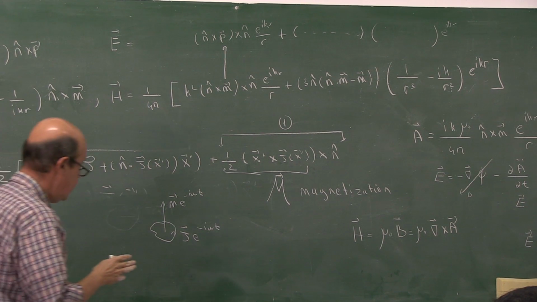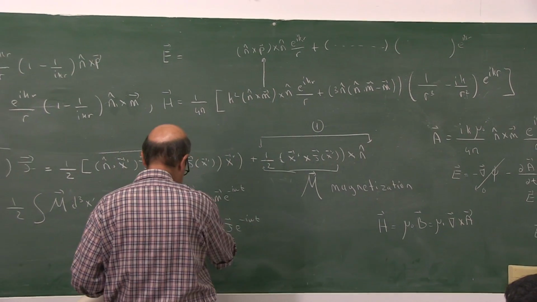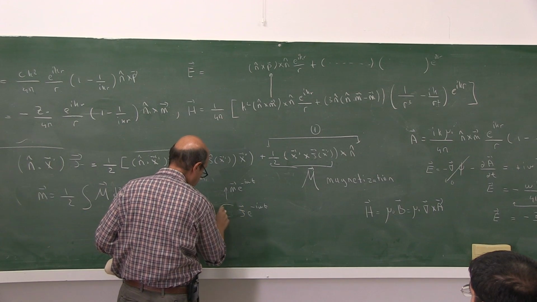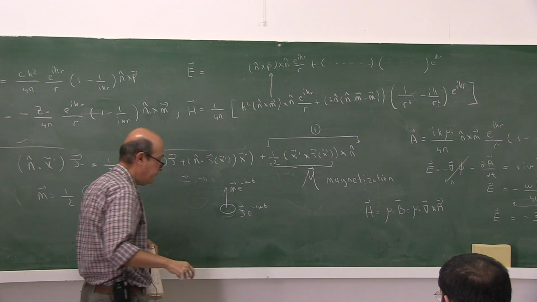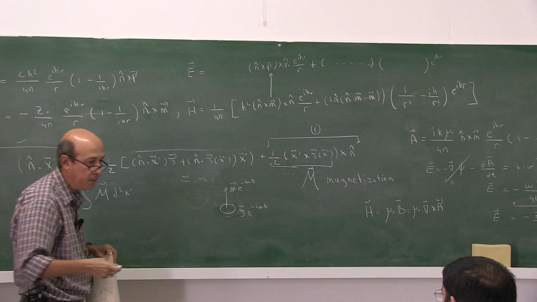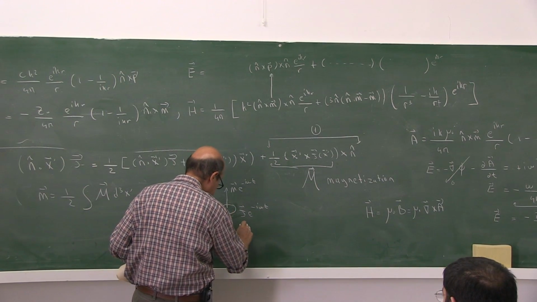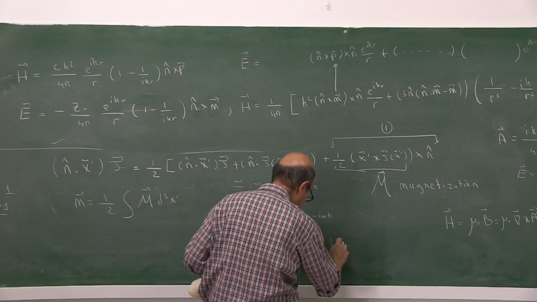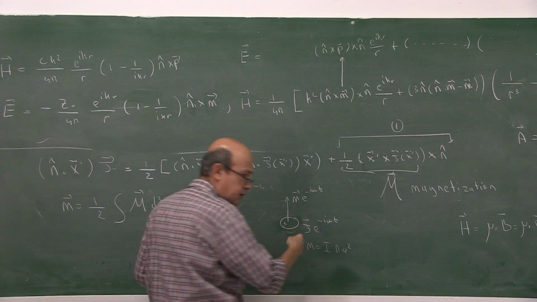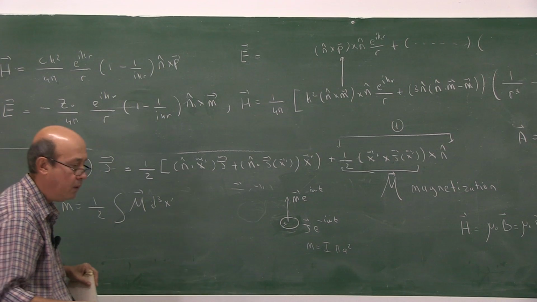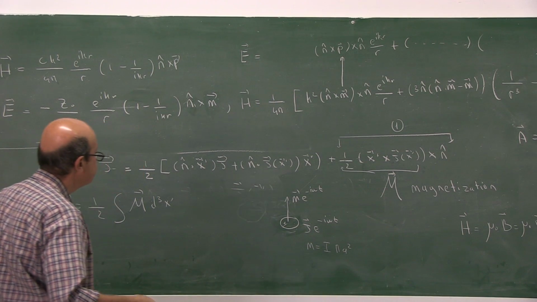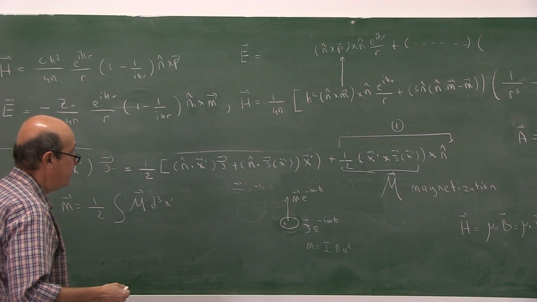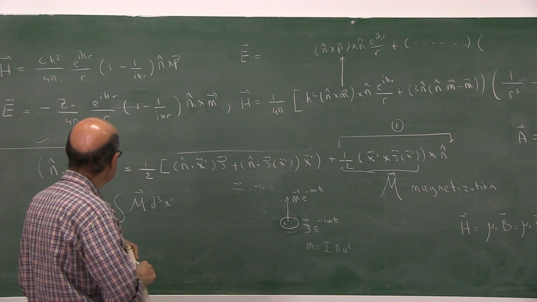If you have a magnetic dipole, let's say a circular current loop oscillating at some frequency, what is the magnetic dipole moment? If the radius is a, that is nothing but the current times pi a square, the current times the area. Now look at the far field zone. Which term dominates? Maybe I should redo what I did last time to remind you.